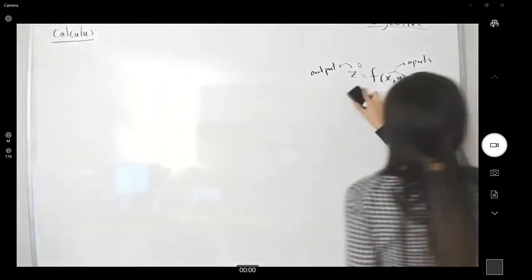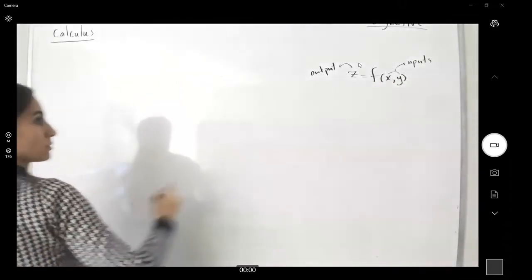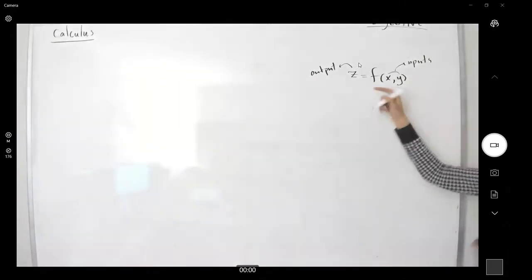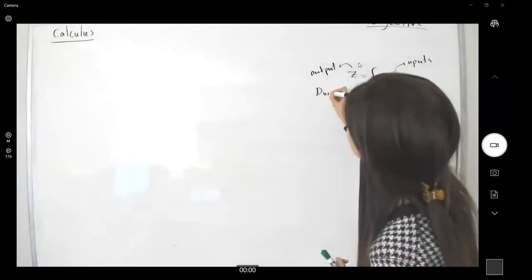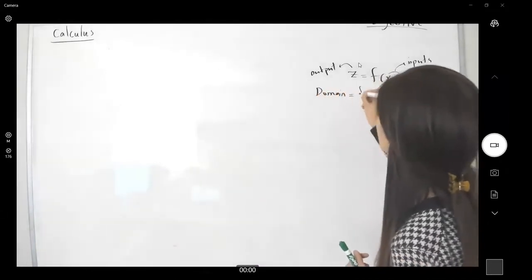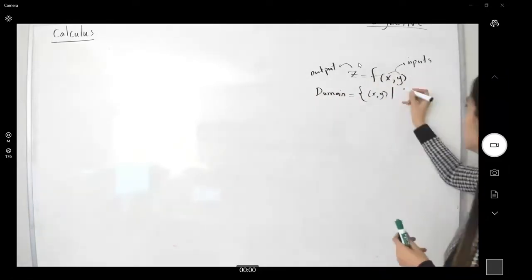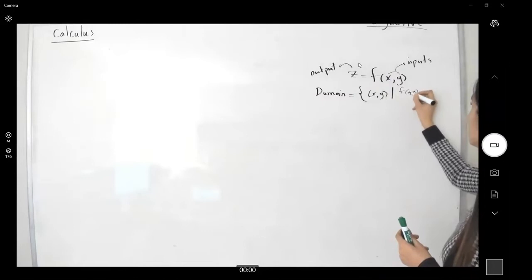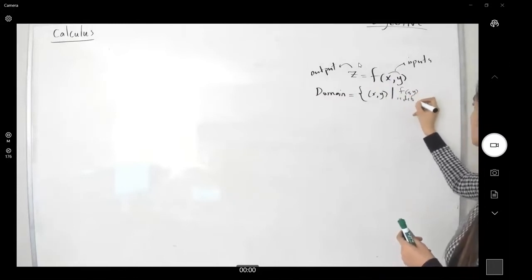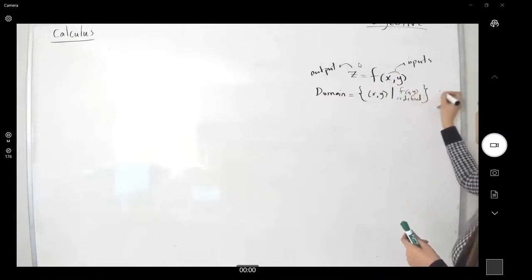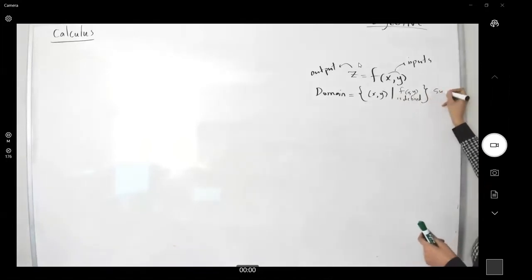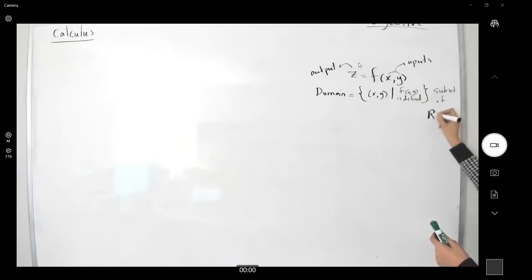So if you have a function in 2 variables, the domain of this function is the set of all ordered pairs such that f of x and y is defined, which is a subset of the plane, or R squared.